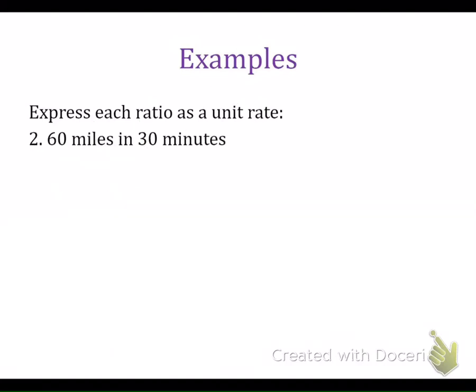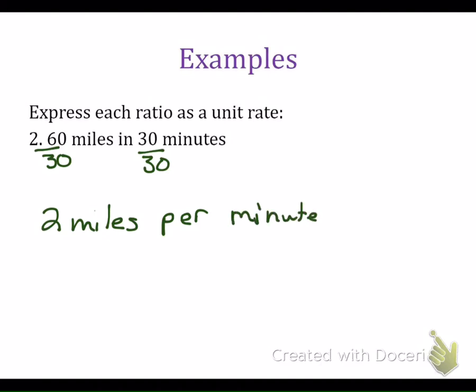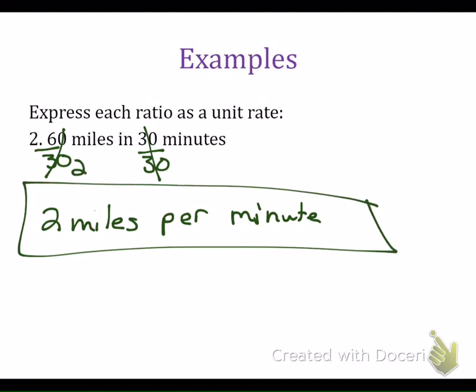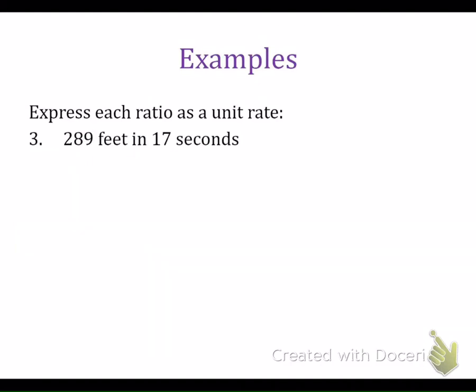Okay, 60 miles in 30 minutes. So we can actually divide both by 30. So this would be 2 miles per minute, because this reduces all the way, and this reduces to 2. All right, 289 feet in 17 seconds.